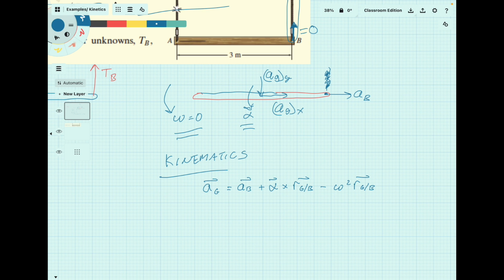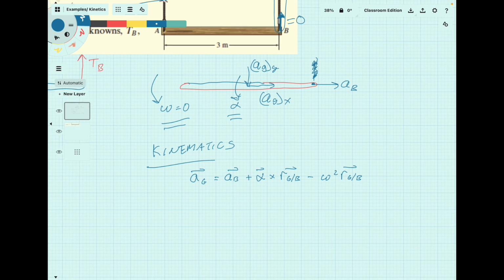And then as we write that out, the acceleration of G is going to be initially minus AGy in the j direction, is equal to AB.